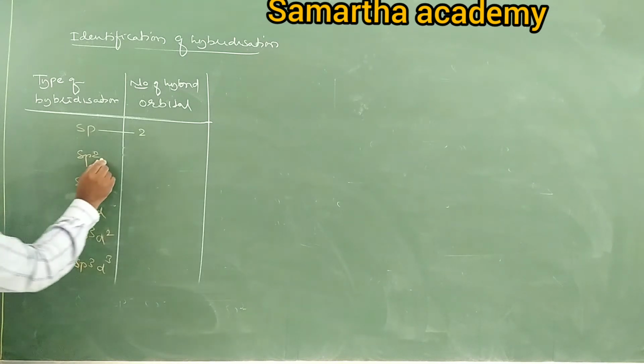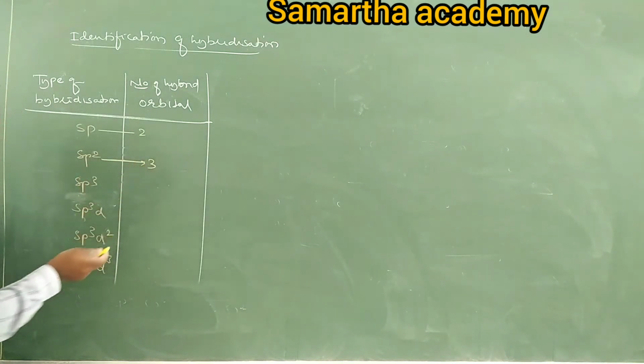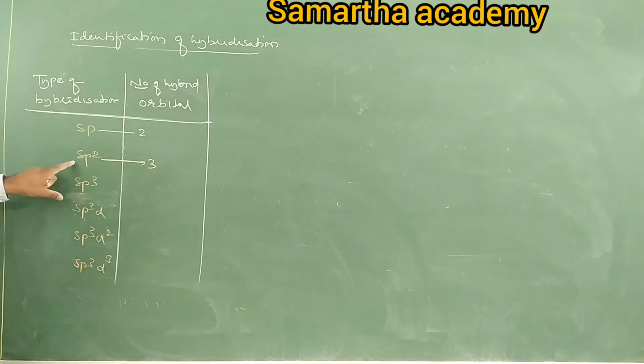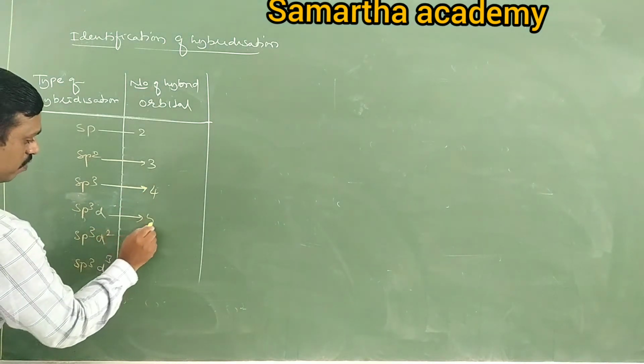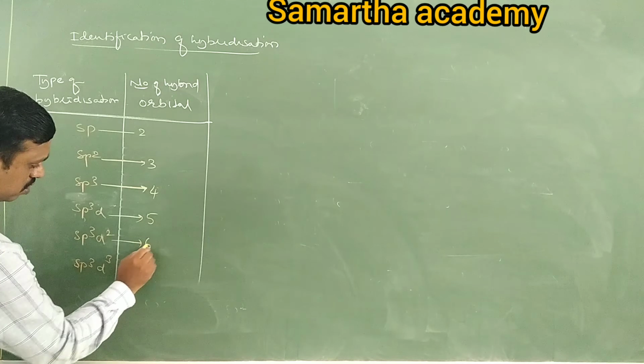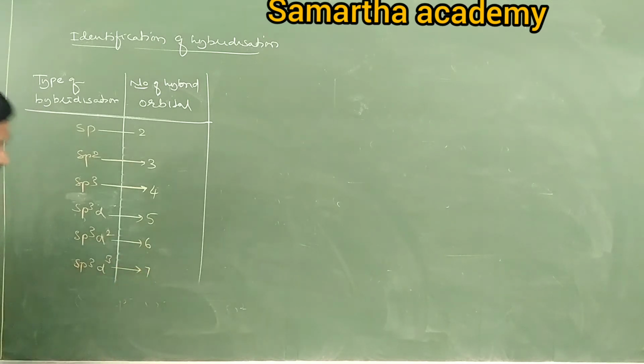Next, sp2 has how many? 3, because of intermixing of one s and 2 p orbitals to form 3 sp2 orbitals. Next, sp3 has 4, sp3d has 5, sp3d2 has 6, sp3d3 has 7, right? So this is the type of hybridization and number of hybrid orbitals.